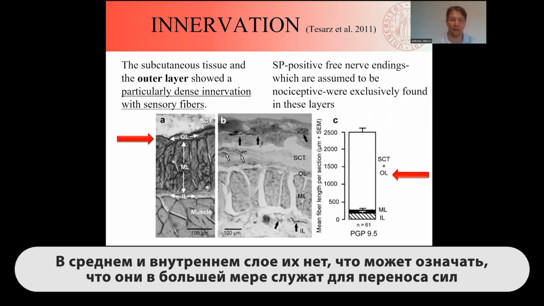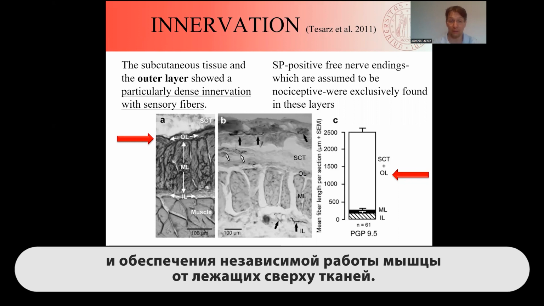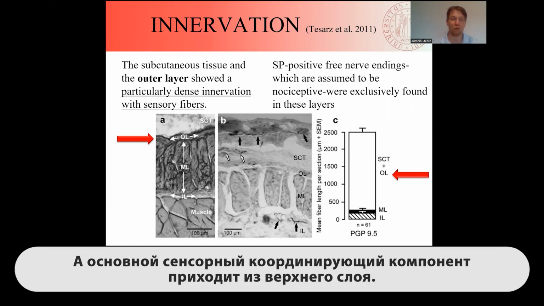What does it mean? It means that the middle layer is probably more for low transmission. The inner layer works for independence from the muscle. And the outer layer is what is able to categorize and analyze what kind of afferents come from there, and then generate feedback.